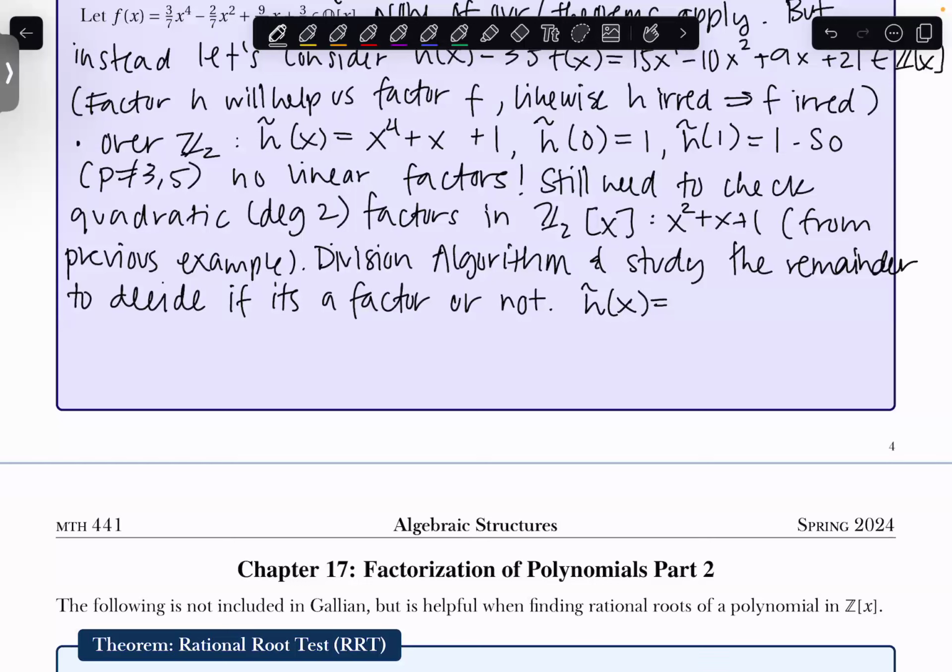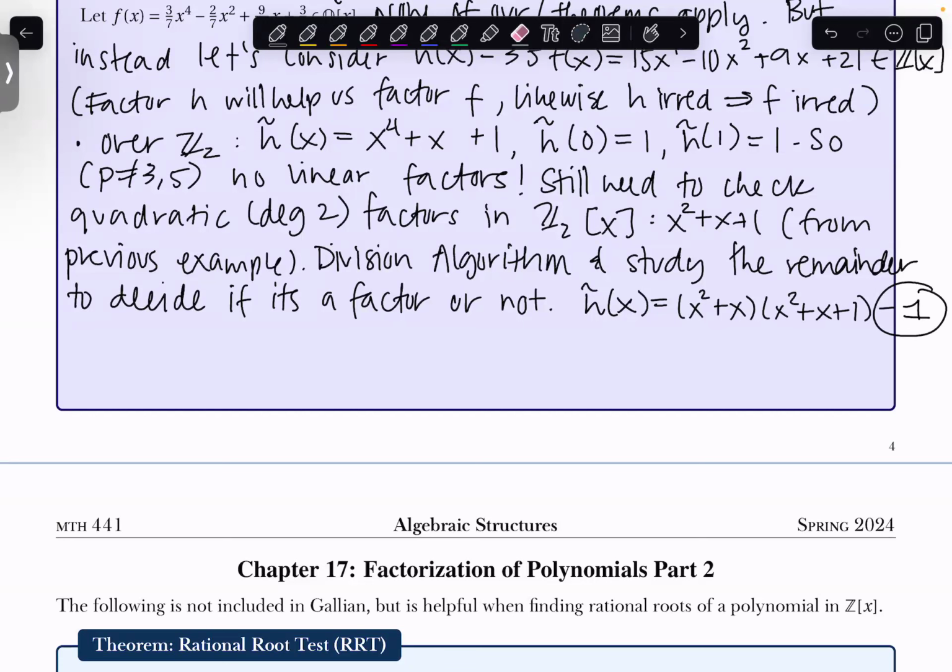But when we do this, what we end up getting is a quotient of x squared minus x and a remainder of 1. Oh, and I think this should be a minus 1. Although in this case, they're the same thing because we're thinking mod 2.